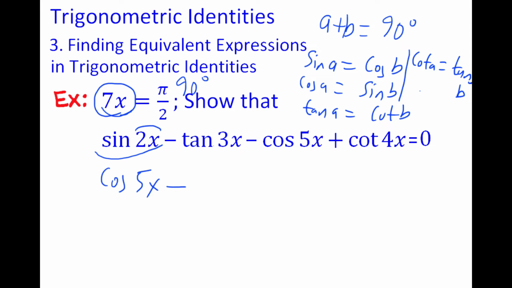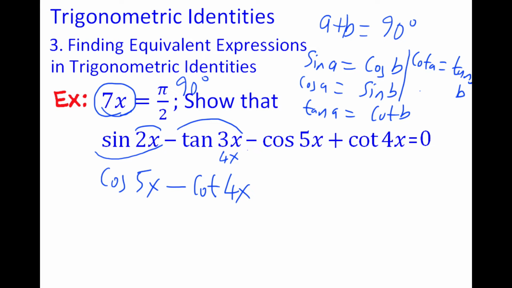Minus, instead of tangent 3x, how can I write this in terms of cotangent, guys? Because 3x plus 4x is 7x, which is 90 degrees. So I can write this tangent 3x as cotangent 4x, guys.